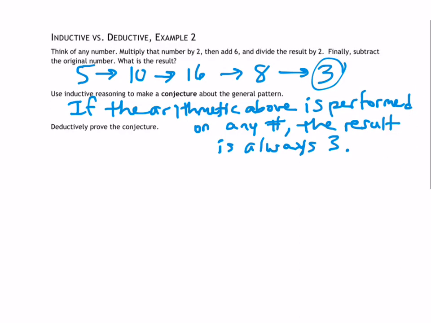Now we could use deductive reasoning to do a couple different things. First of all, I could use deductive reasoning to start with that statement as a premise and then make specific conclusions.